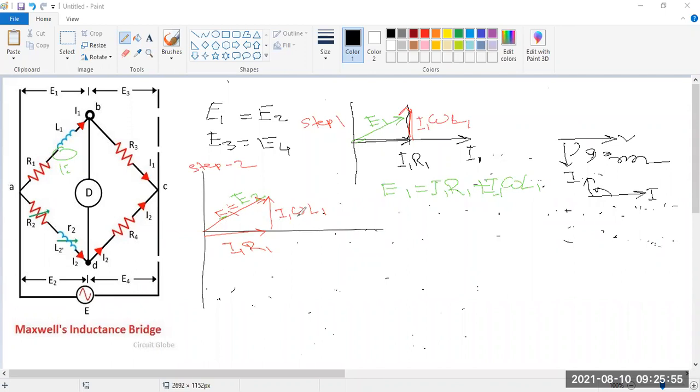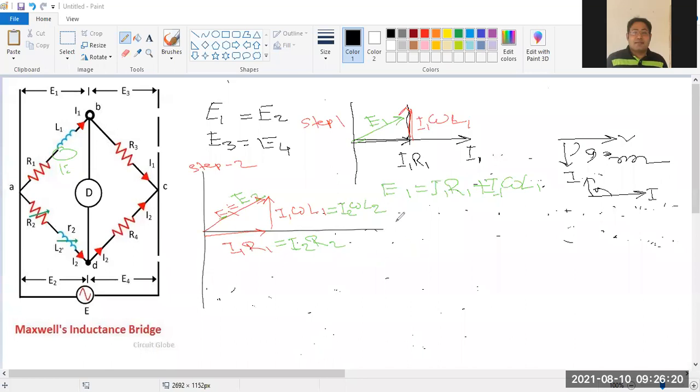So I1 omega L1 equal to I2 omega L2, and I1 R1 equal to I2 R2. Because E1 equal to E2, the summation should be equal.